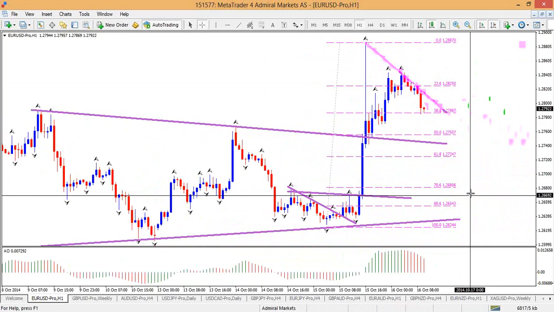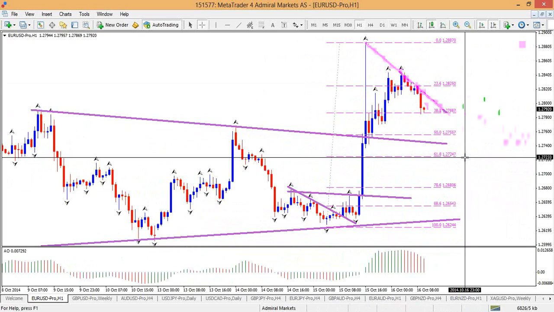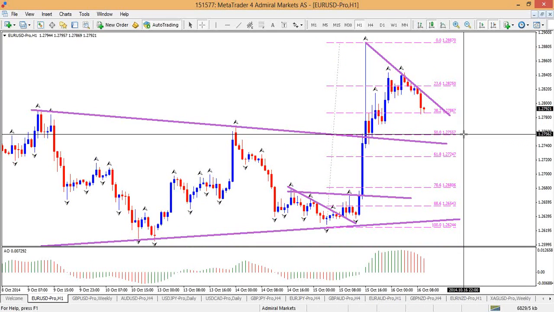So the chances, I think, of a 78.6 Fib being hit statistically is about 40%, around 40-ish. I think the 61.8, if I remember correctly, was about 60. 50 is about a 75% chance. Now, once again, I don't know exactly how he calculated it or what his source is, but it's a very good trader.